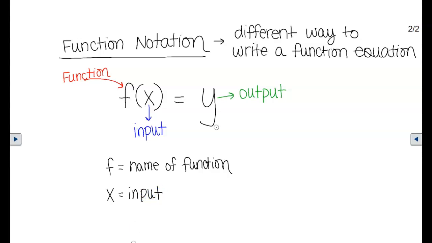That's what you are putting into the function. And that y is the output. It is the answer that that function gives you back. So a function named f takes an input named x and produces an output named y.